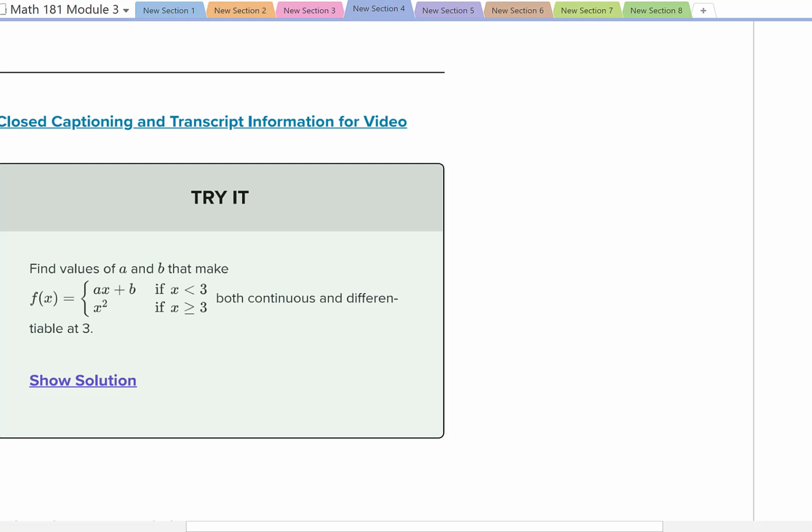So we're looking for the limit as x approaches 3 from the left side of ax plus b minus, what is our f of 3? That's going to be 3 squared, which is 9. So minus 9, over x minus 3.